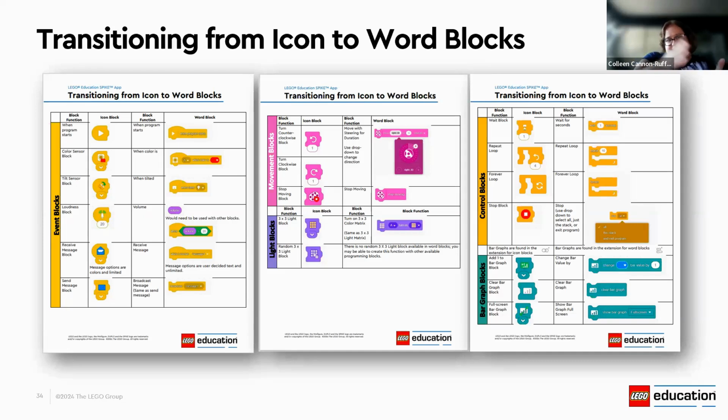It's a resource that helps teachers transition students from icon to word blocks so that they can see what the equivalent structures are between those 2 programming languages. Not all teachers who are doing coding in the classroom with students have a computer science background. So resources like this really help to build capacity in our teachers and confidence for them as well. So it's an awesome little resource that we can share with you if you're interested.